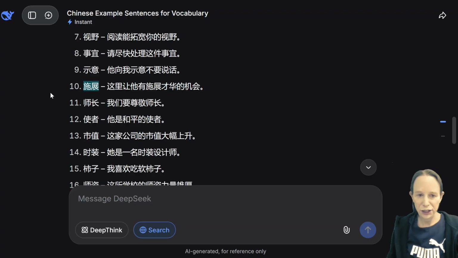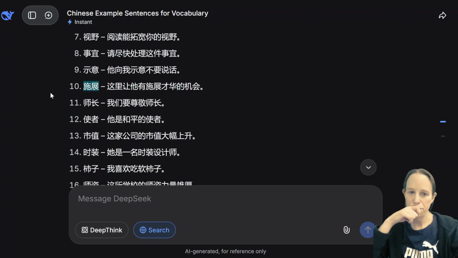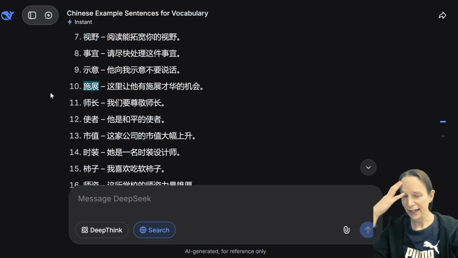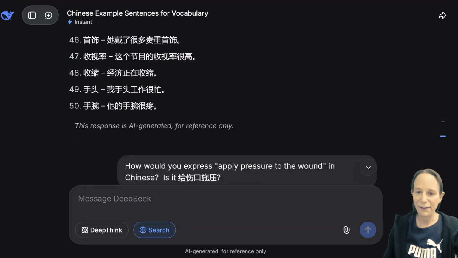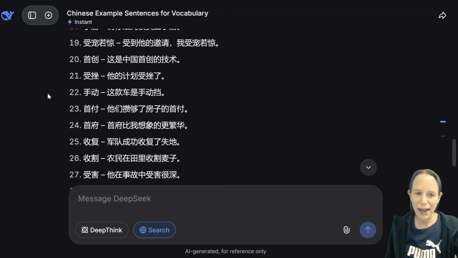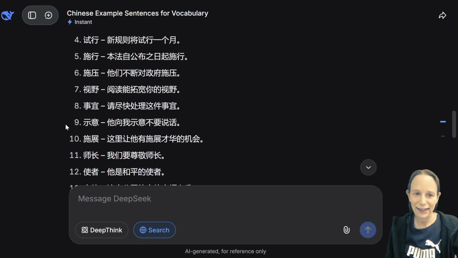Okay, 施展. 施展 can mean unfurl, unfold, expand in that sort of context.